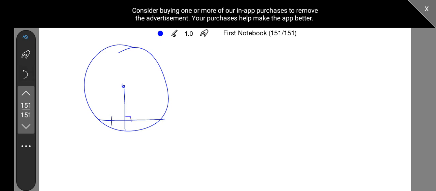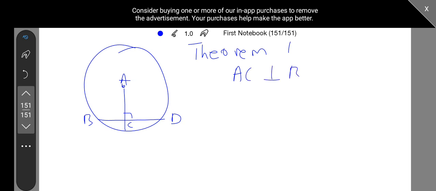Let's say here we've got A, B, C, and D. So if AC is perpendicular to BD, let me write there what is a theorem, so that you guys don't confuse things. Theorem 1 says that if AC is perpendicular to BD, therefore BC is equal to DC.